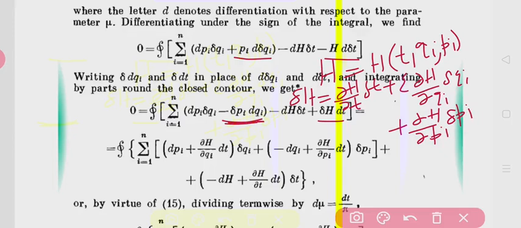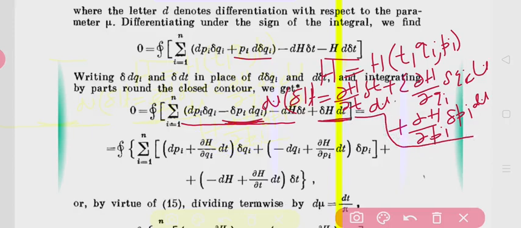And dt is also there. So multiplying by dt, everywhere there will be dt. So you can check that these terms were there, and we apply this will be equal to these three terms.